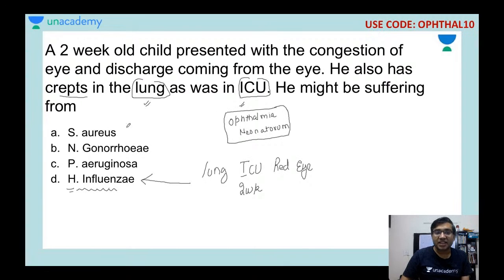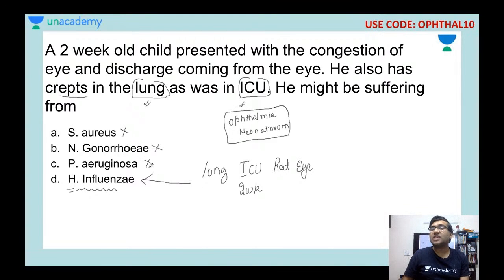Okay, so very important, this is an influenza infection. Remember, Staphylococcus aureus is not very common in the ICU settings and it does not cause too much. Yes, it can cause a lung infection, but in such a small child, if you are having crepts, you do not think Staphylococcus aureus. Neisseria gonorrhoeae, you would have when you have maternal infections as the targeting agent.